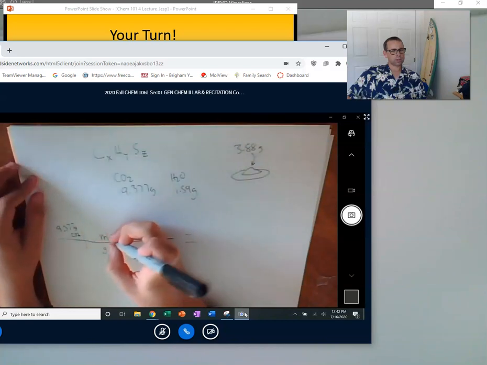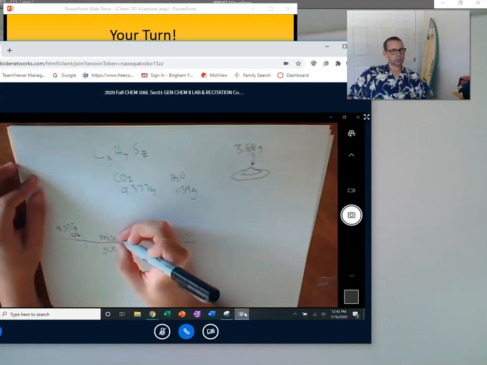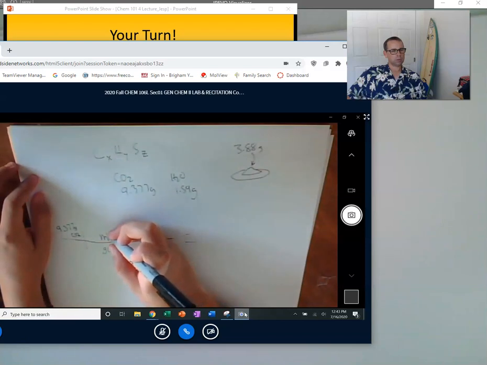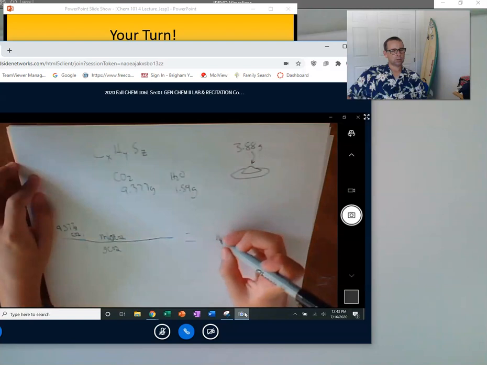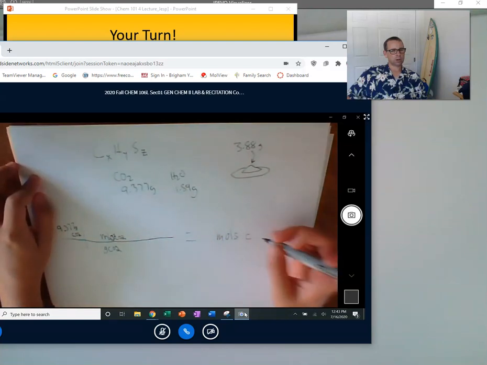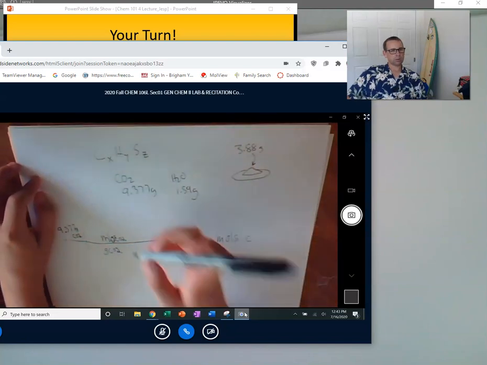Moles of carbon dioxide. Very good. We want moles of what? Carbon. Very good.